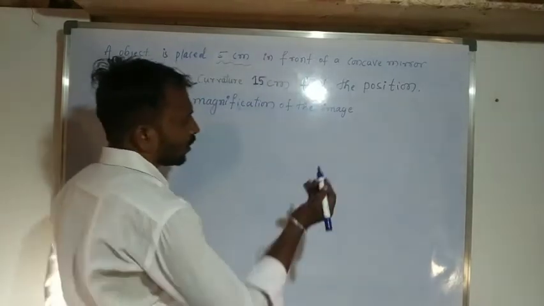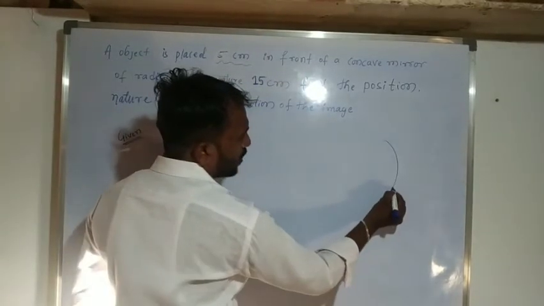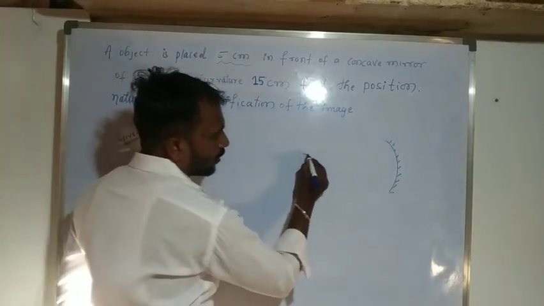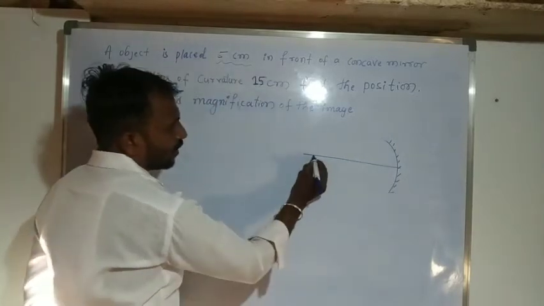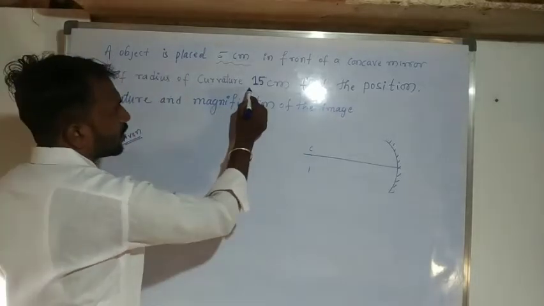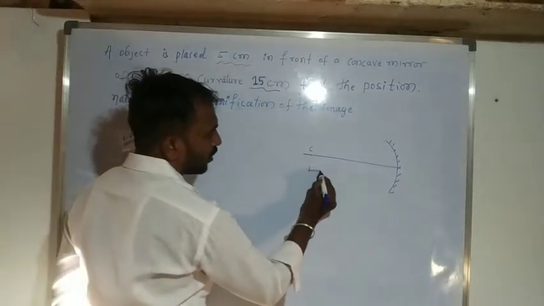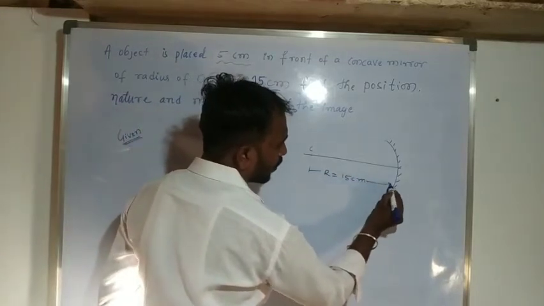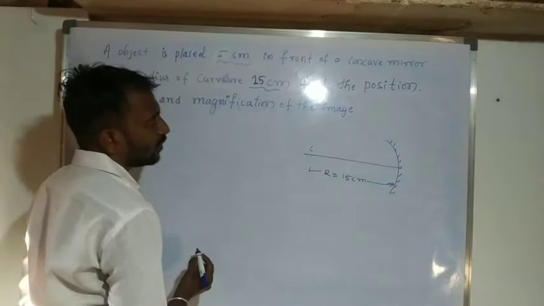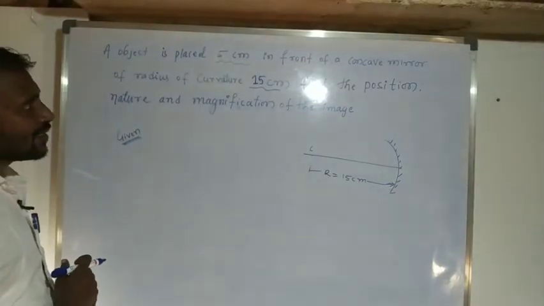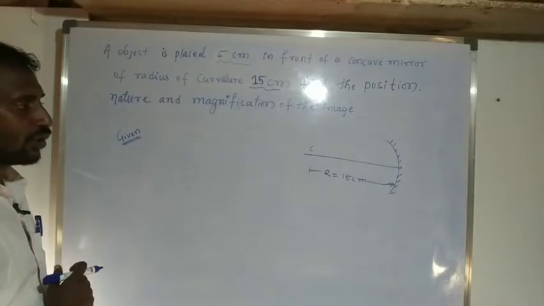Here first we consider a concave mirror, this one is the principal axis, and this one is the center of curvature. Given data: radius of curvature is 15 centimeter, so R is equal to 15 centimeter. Next, object position is 5 centimeter from the concave mirror.